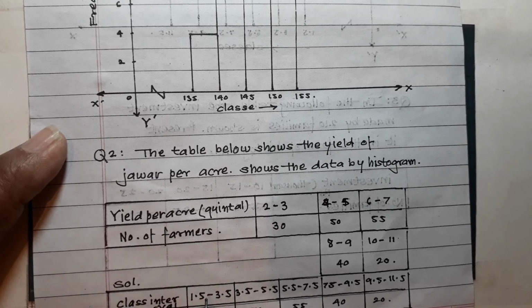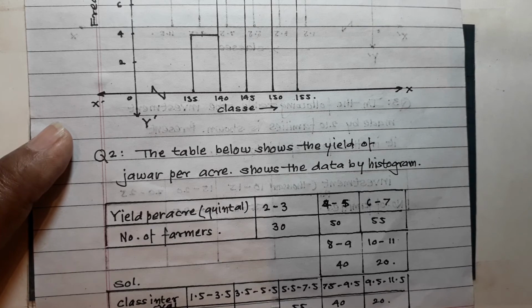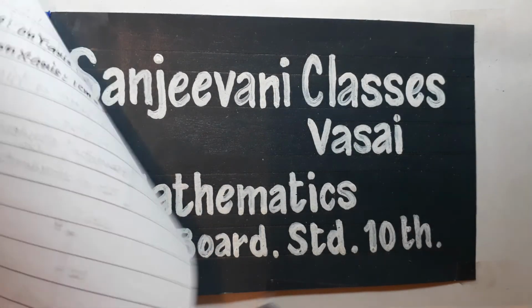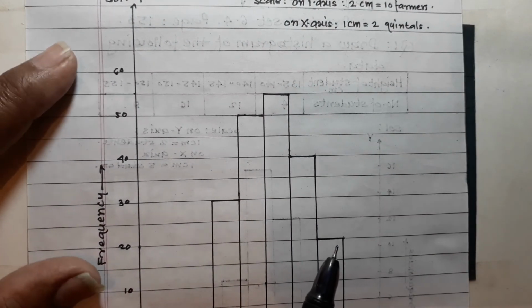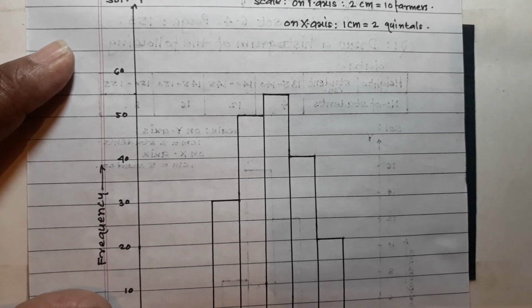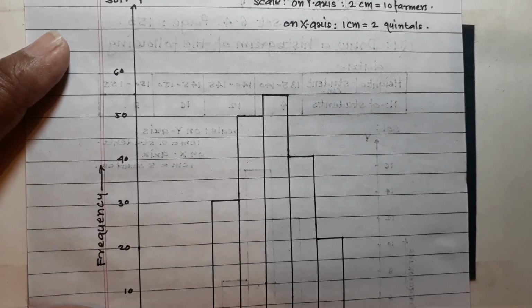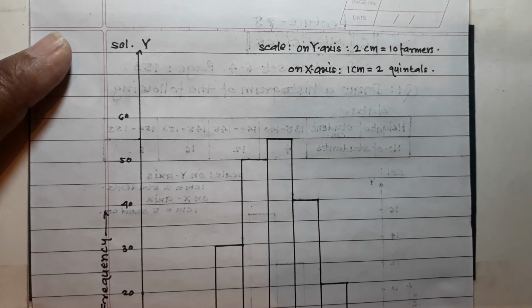So remember this: if you want to draw a histogram, then classes should be continuous. Okay. Then take a suitable scale and draw the graph. Take classes on the x-axis and frequencies on the y-axis. So here I take 1.5 to 3.5, so that is equal to 1 centimeter.